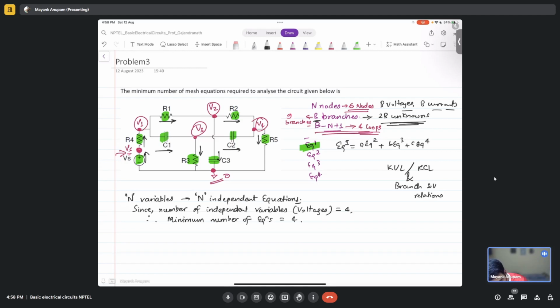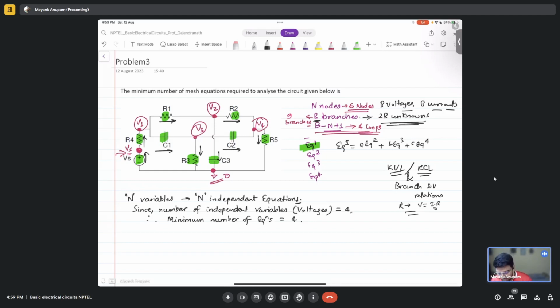Branch IV relationship, by that I mean, for a resistor the IV relationship is what? V is equal to I into R, right? These kinds of relations you need for all the branches, and you need KCL or KVL equations, and then you can solve the circuits. So the minimum number of equations that you need to write in each case will always be equal to the number of independent variables you have in the circuit.